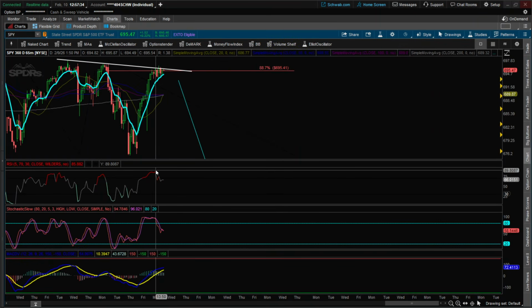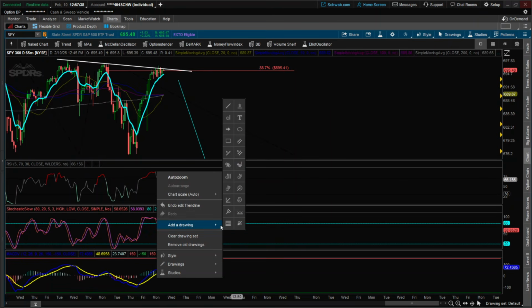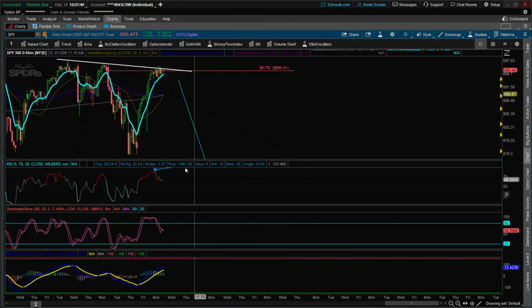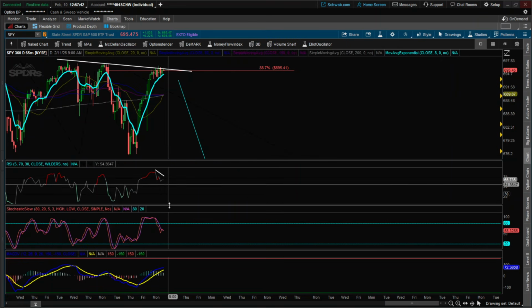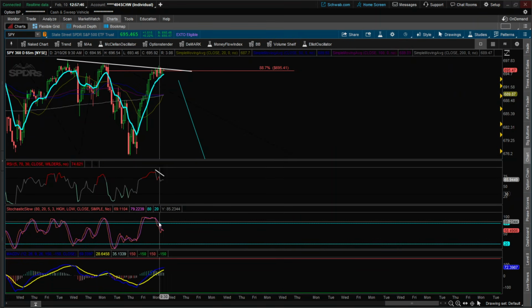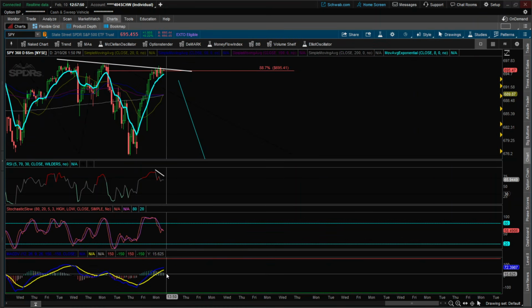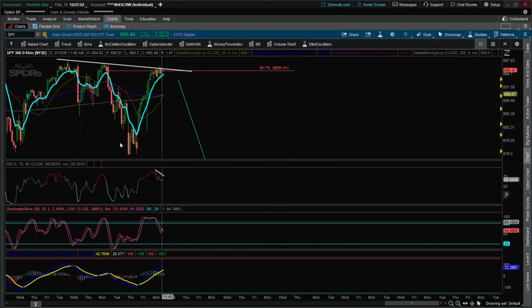You had your negative divergence that formed right here. All right, we're starting to see a crack, a sign of weakness. We have our sell signal on the slow stochastic, and this is starting to roll over. The MACD, as soon as we get some red histograms, we'll get some acceleration to the downside.